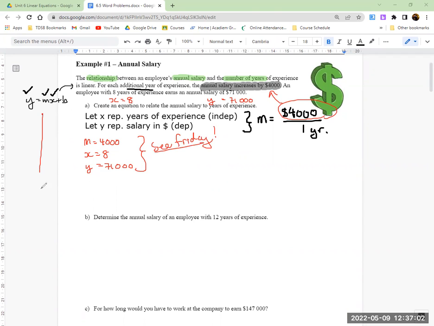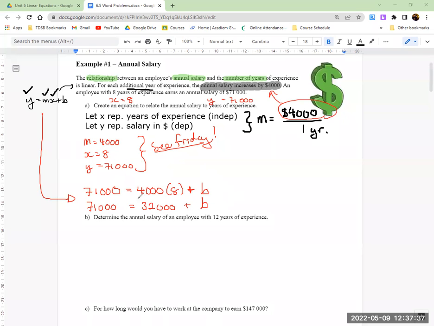Y equals mx plus b, right? And what Sloan and Antio were saying is literally what you need to do algebraically. You first multiply the 4,000 by 8, and then you isolate for b to figure out what my initial value is. So 71,000 is equal to 32,000 plus b.